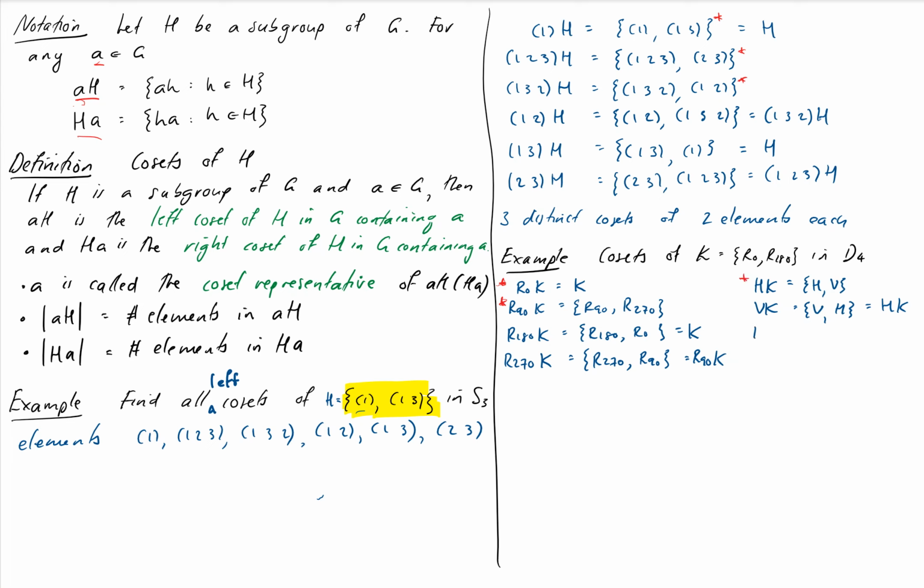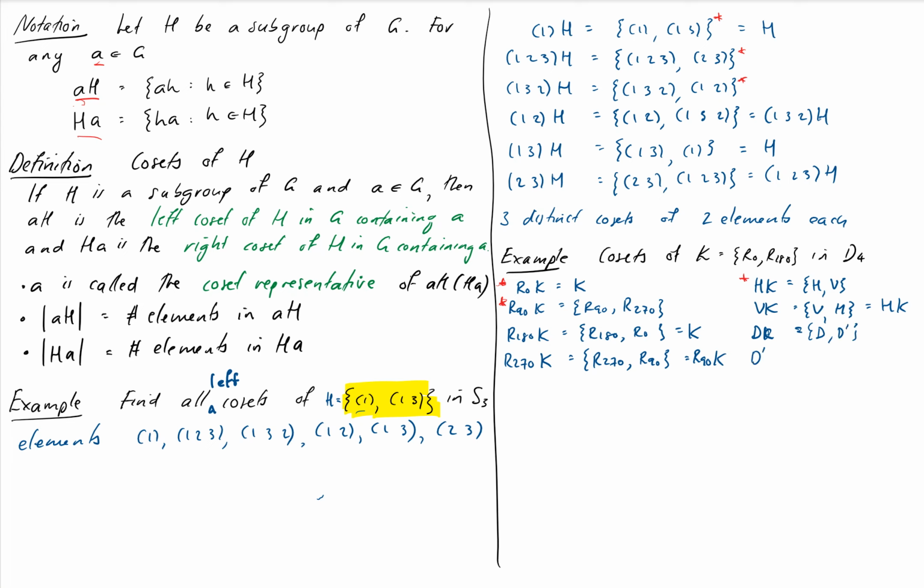Do the same thing with the diagonal reflections, so DK, and we'll get D times R0 gives us D, obviously. And then we get D prime when we multiply by R180.